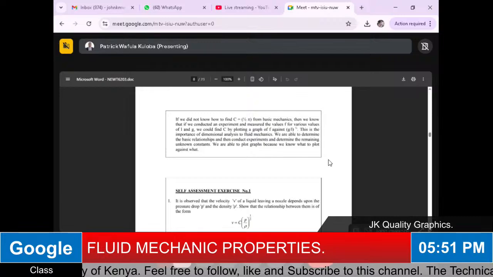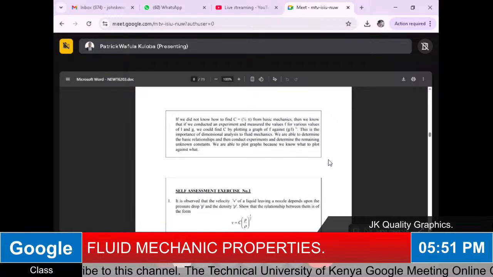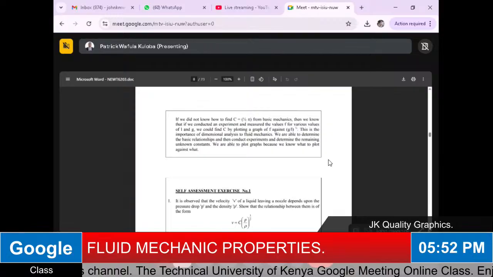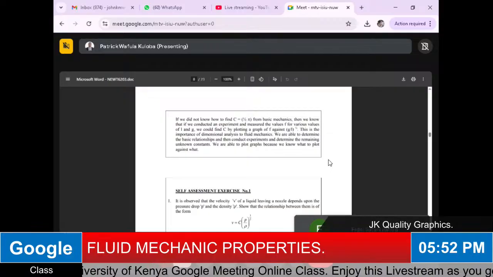Call that v, P, and rho as equation 3. Substitute equation 3 into 2. Where there is v, you write L T raised to minus 1.